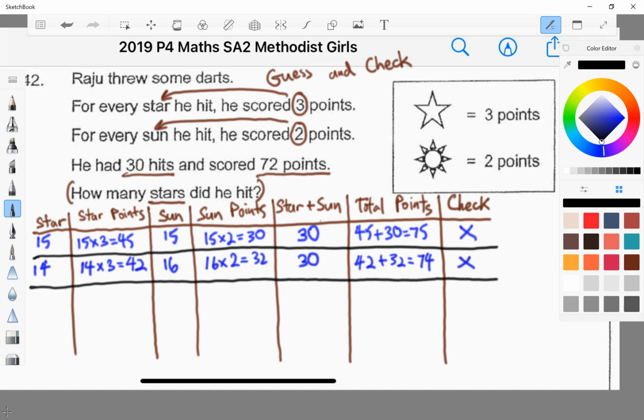At this point in time, you'll be asking me, Teacher Ray, can I just go directly to the answer? Do I really need to do them step by step? Meaning, do I need to reduce the sun further to 14? Do I actually need to have so many rows?